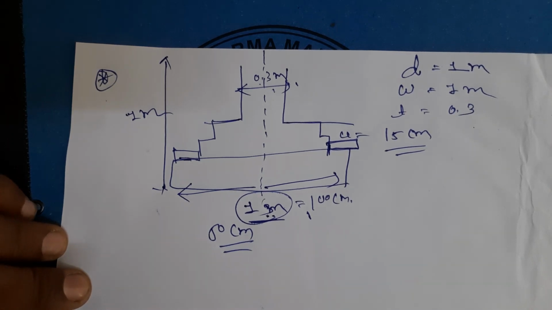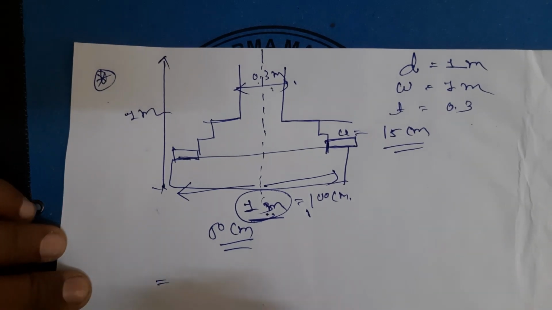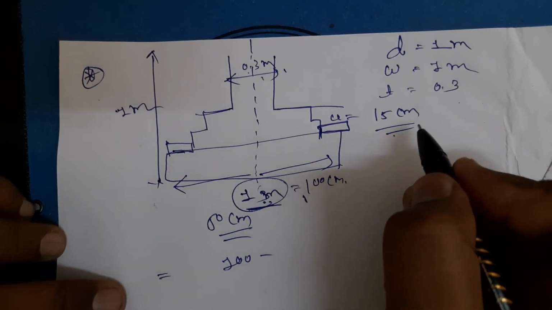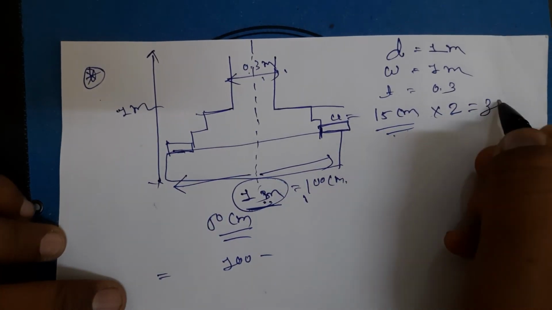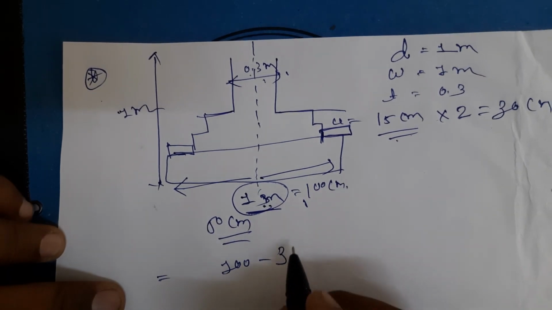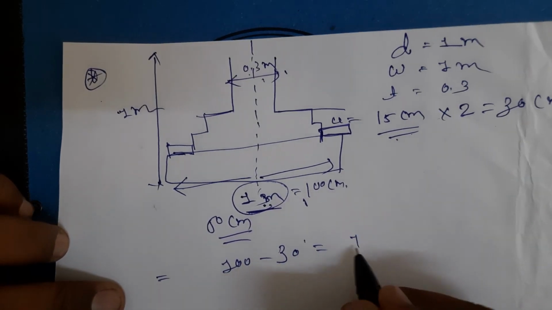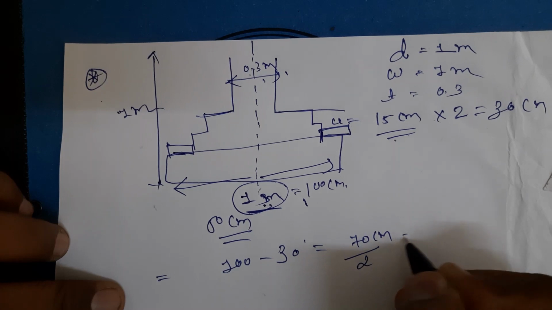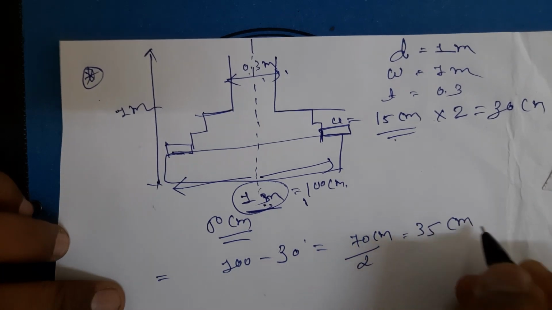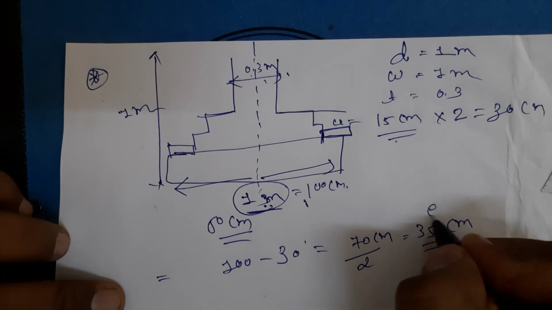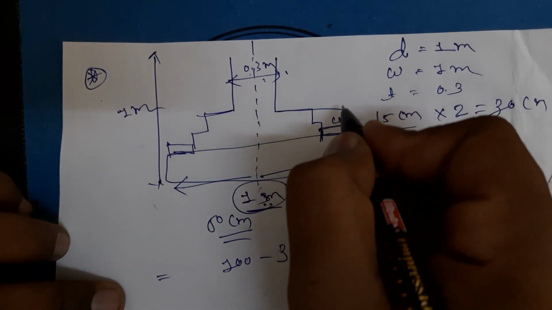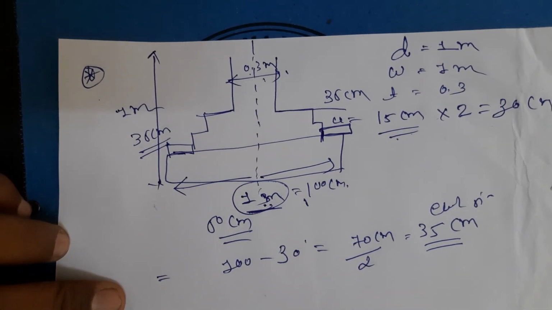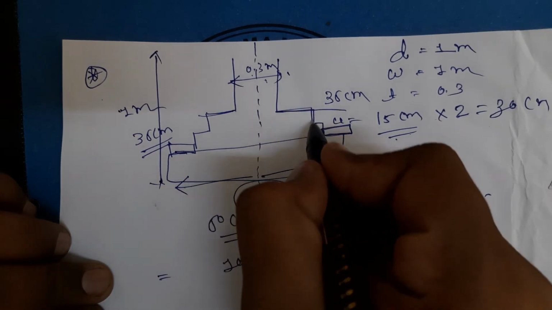So what we have, the total width equal to 100 minus this 15. Okay, 15 on both sides means multiply with 2, it is 30 centimeter, minus 30, it gives 70 centimeter total. But for each side, once again divided by 2, it is 35 centimeter each side. Okay, each side. So here 35 centimeter and also here 35 centimeter for a projection, means offset, this offset.